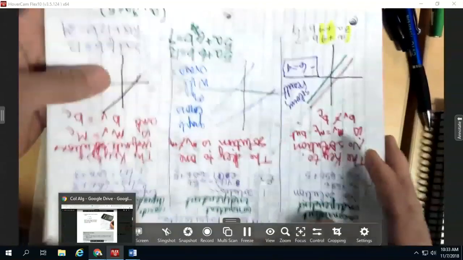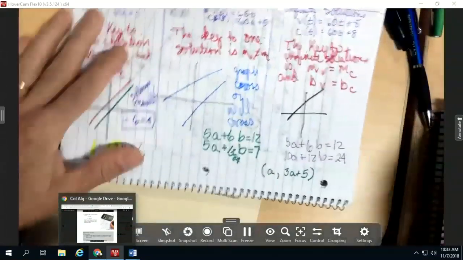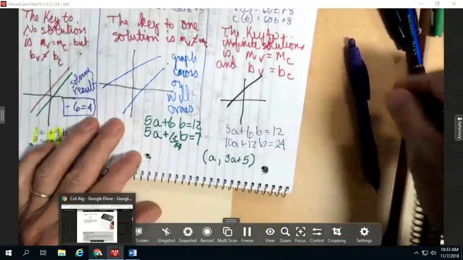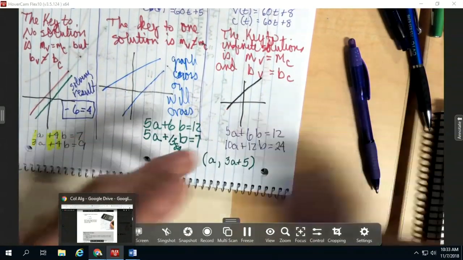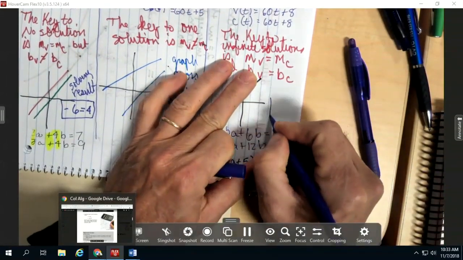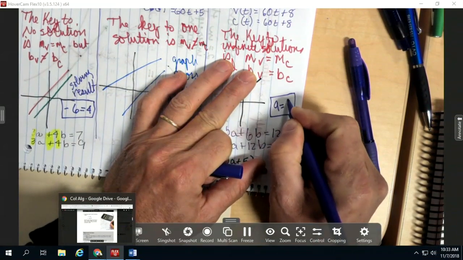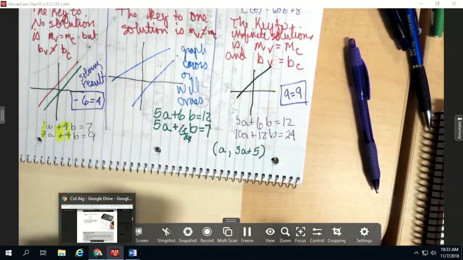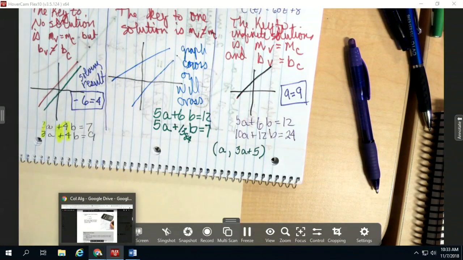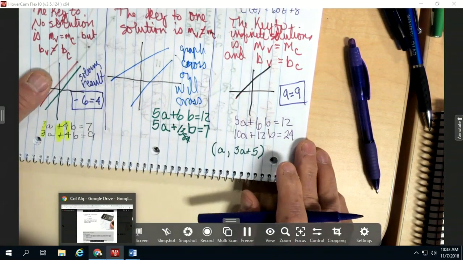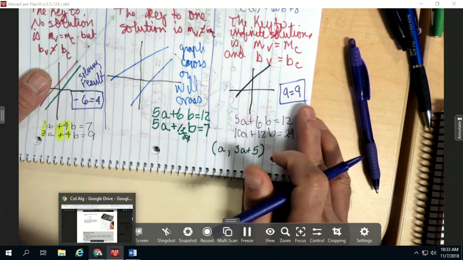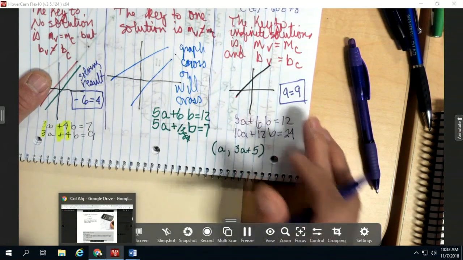So in our notes, we would write over here, 9 equals 9. Okay? How do we know we have an infinite number of solutions? Because it's going to be something foolish like that.